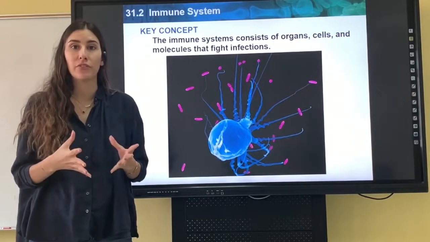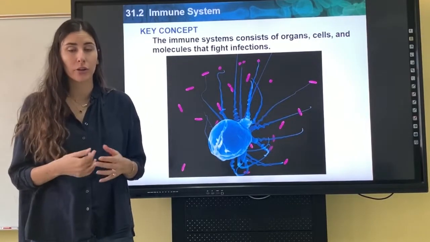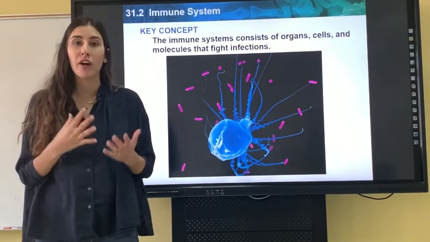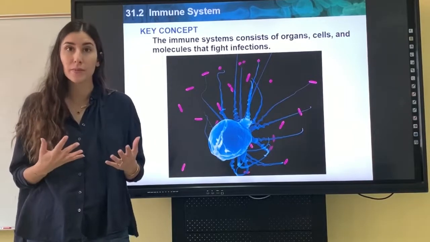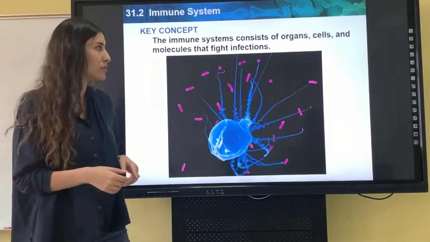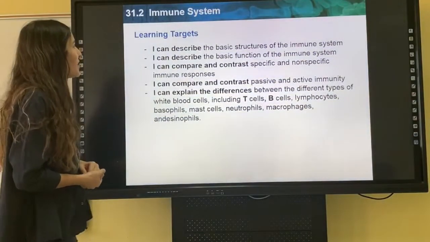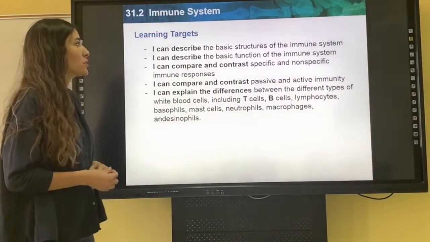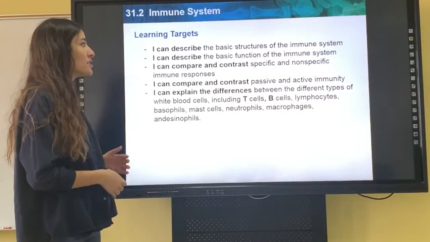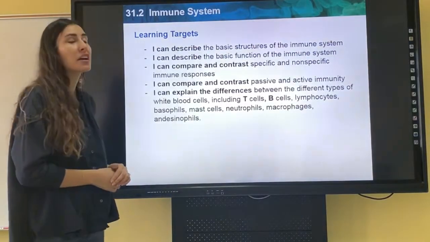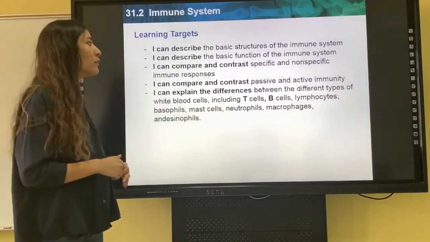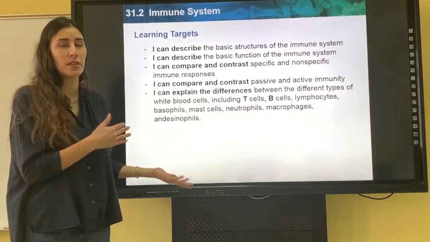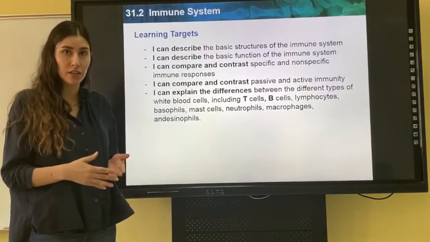And all of these different parts or different structures are going to help the immune system perform its specific function, which we will talk about today. By the end of today's lesson, you should be able to describe the basic structures as well as the basic function of the immune system. Compare and contrast the two types of immune responses, specific and non-specific.